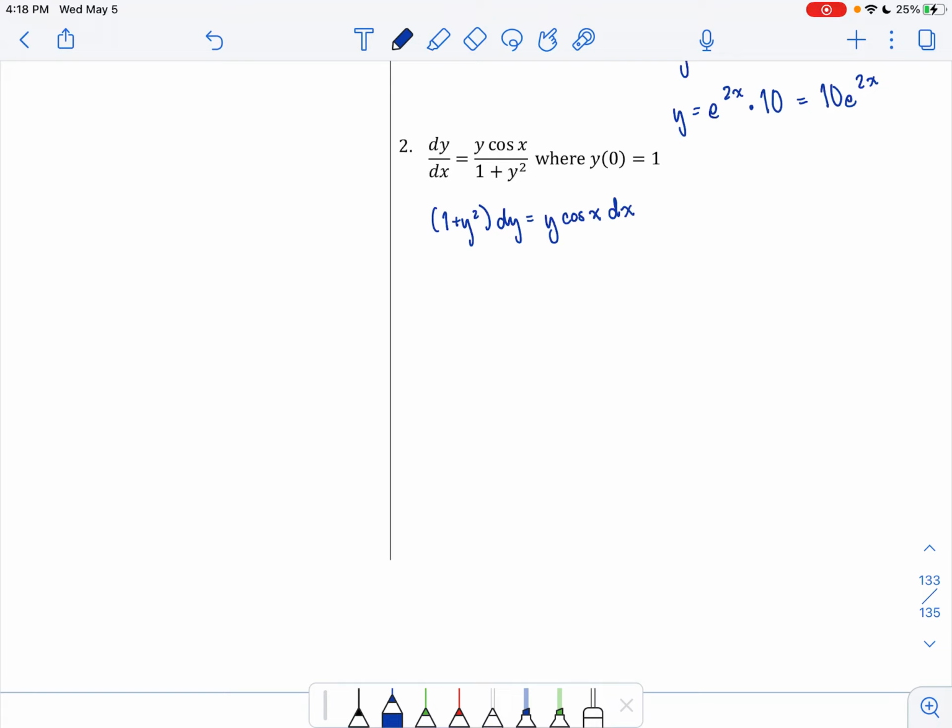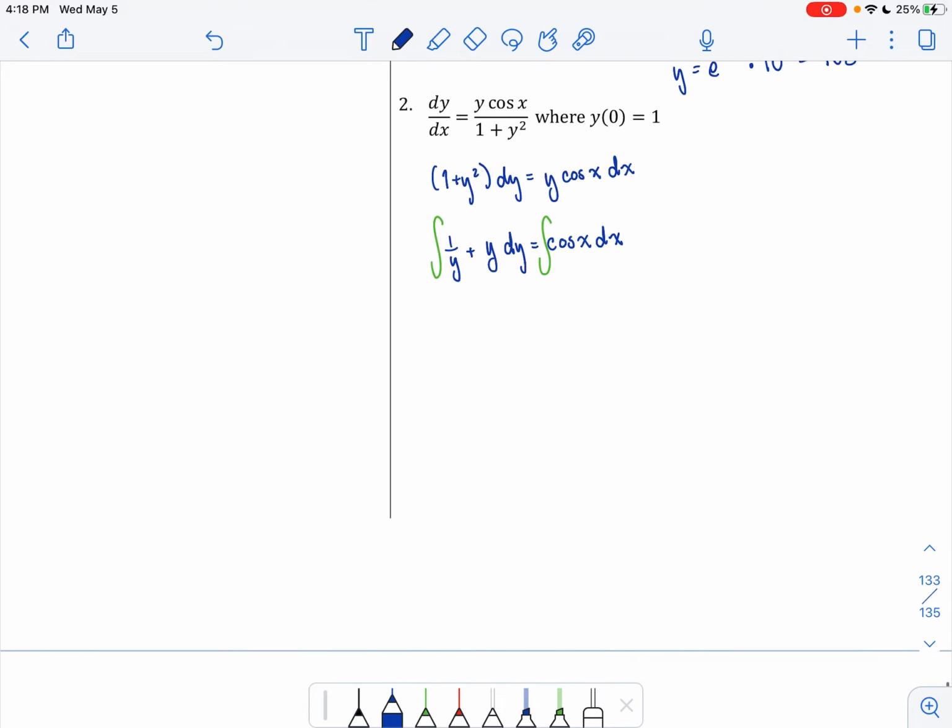Then I want all my y's together, so I'm going to divide both sides by y, and I get 1 over y plus y squared over y, which is just y, dy is equal to cosine of x dx. So again, cross multiplied, divide by y, divide this term, divide this term. Then integrate.